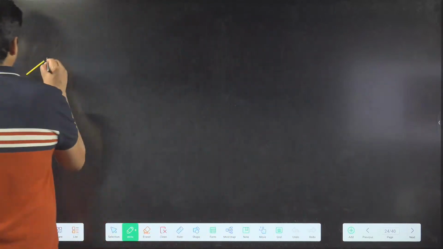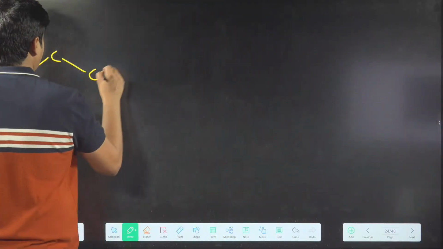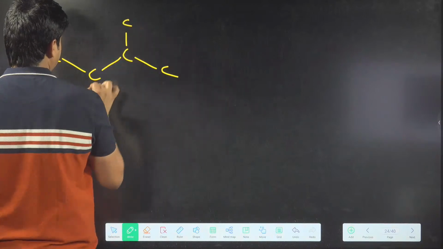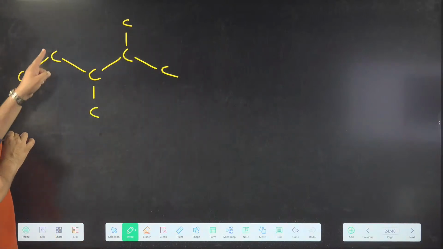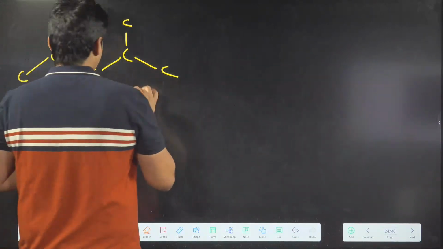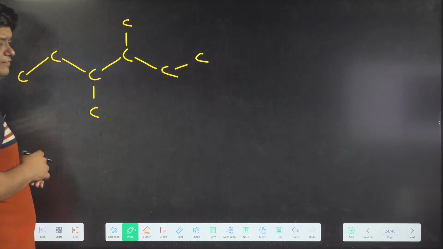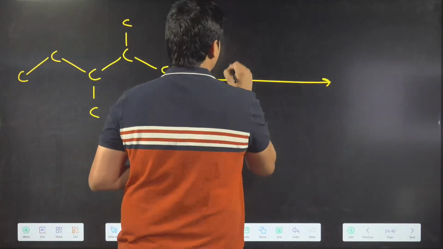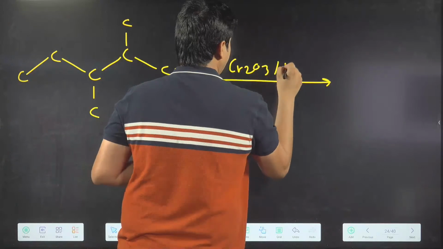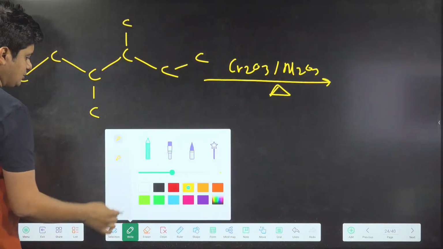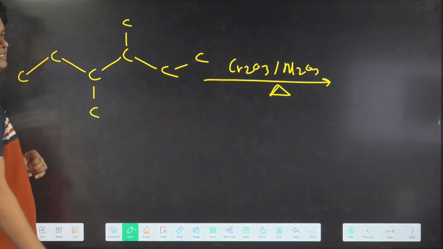Okay, so let's solve this question. Let's say this compound is given. I am not writing hydrogen because this much time is not there. 1, 2, 3, 4, 5, 6. An examiner is saying Cr2O3 Al2O3 with heating. How to find the product?